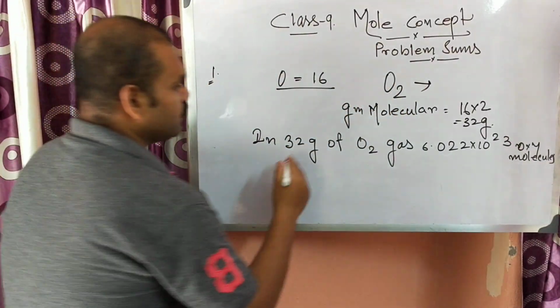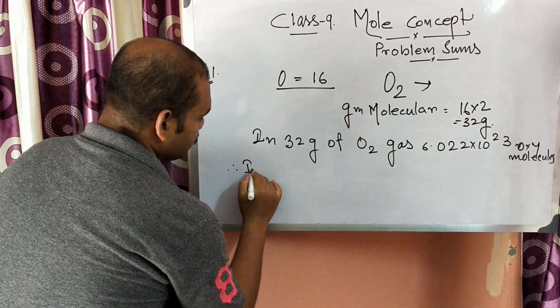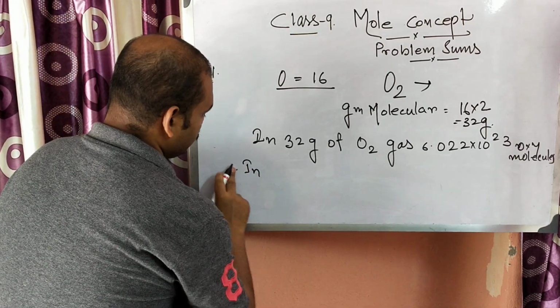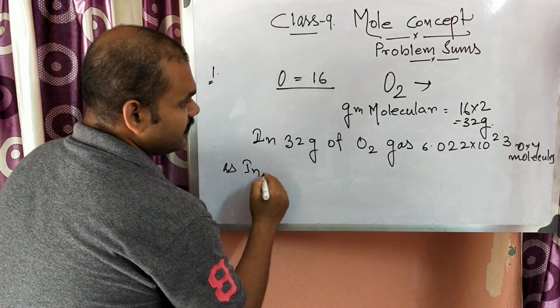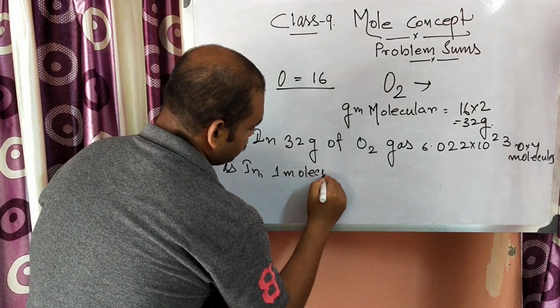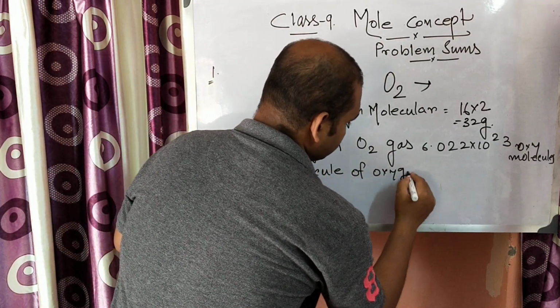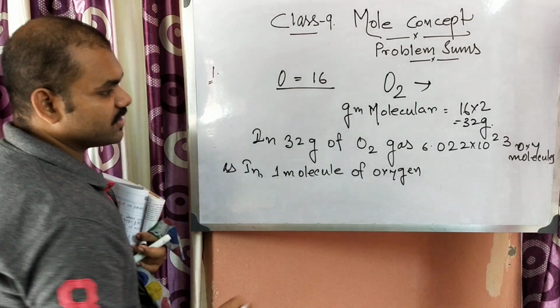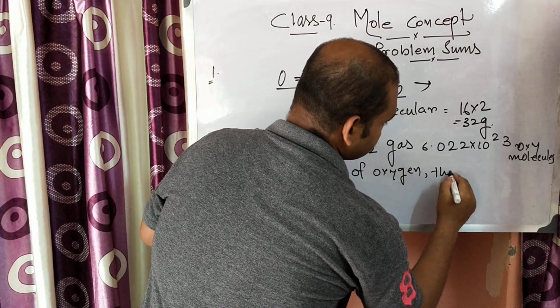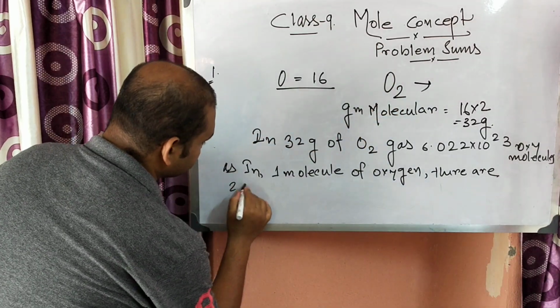Therefore, in one molecule of oxygen, how many oxygen atoms are there? There are 2 atoms.